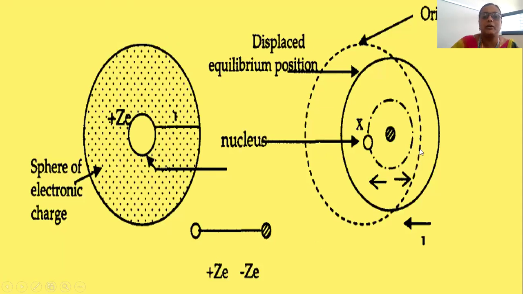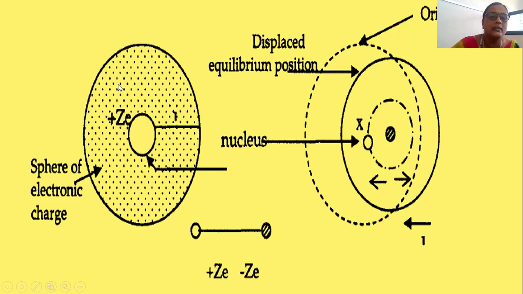So this is the diagram of electronic polarizability. This is the neutral atom. This is the nucleus, and outside, these dots are the electronic charges. So when we apply the electric field, what will happen? The nucleus is positive charge, and the whole negative charge is concentrated at a particular point.